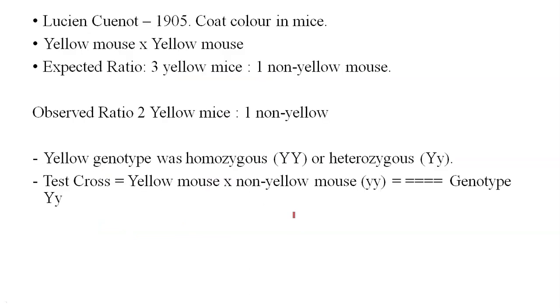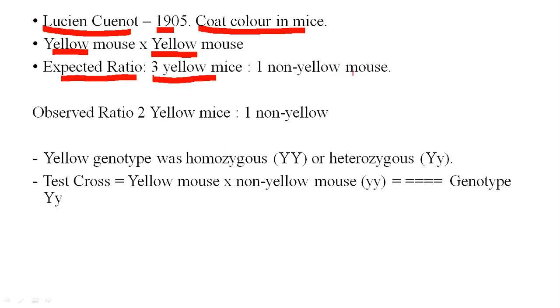There was one of the studies done by Lucien Cuénot in 1905. He studied the coat color in mice. The coat color means skin color in mice. When he crossed a yellow mouse with a yellow mouse, the expected ratio, according to Mendel's genetics, should have been 3 yellow mice and 1 non-yellow mouse.